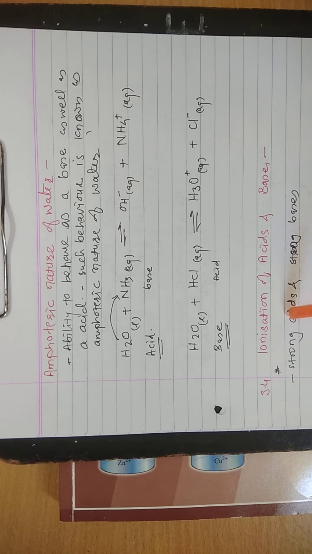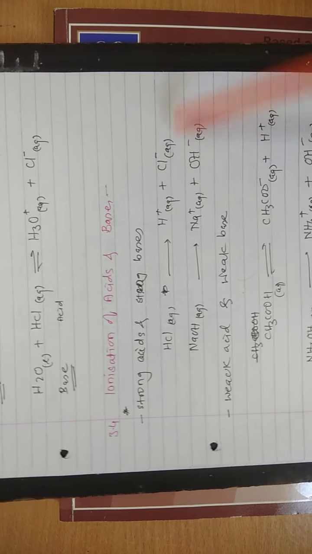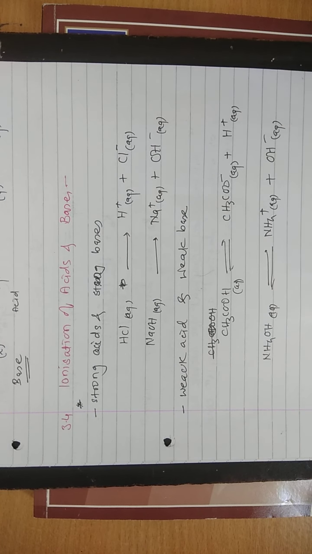The next point is ionization of acids and bases. Acids, bases and salts, when dissolved in water, ionize into ions. Acids and bases are classified as strong and weak electrolytes depending upon the extent of dissociation.